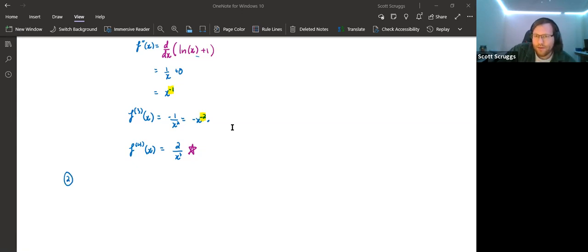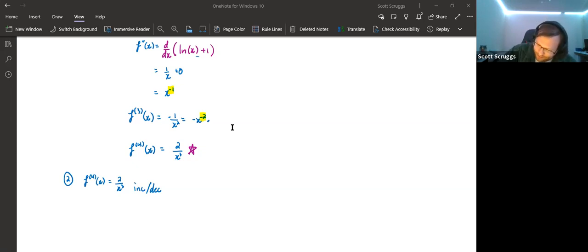Step two now is going to be determining whether or not my fourth derivative, which we now know is 2 over x cubed, is an increasing or a decreasing function. I forgot to say what the interval was.